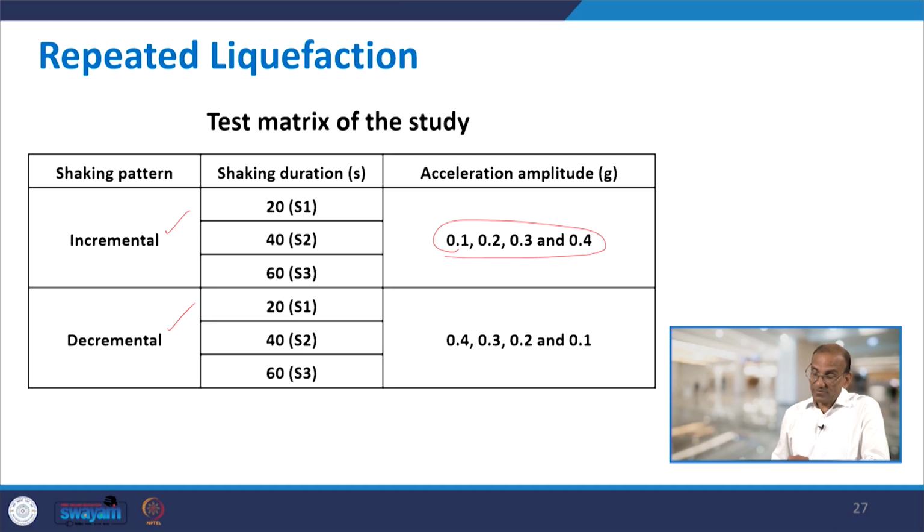It is not that it is an independent shaking. Then in case of decremental shaking, you start from 0.4 g, then you do the next shaking 0.3 g, 0.2 g and 0.1 g. So, I am going to discuss some of the results obtained for this test matrix from the tests conducted in our laboratory.